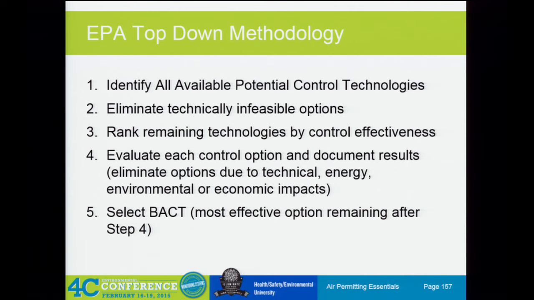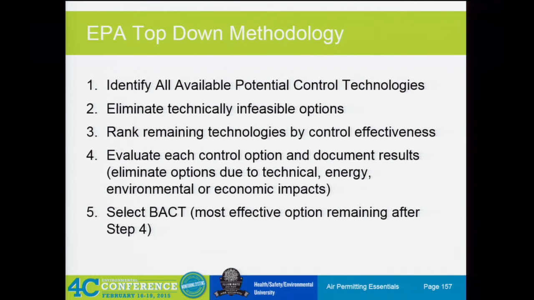A lot of times SCR is currently being used as a BACT control technology. SCR is selective catalytic reduction, and it's used to reduce your NOx emissions. Well, if the process vents that you're sending through your boiler can destroy the catalyst and make the catalyst ineffective, that eliminates SCR technology for NOx on your boilers because it's technically infeasible.